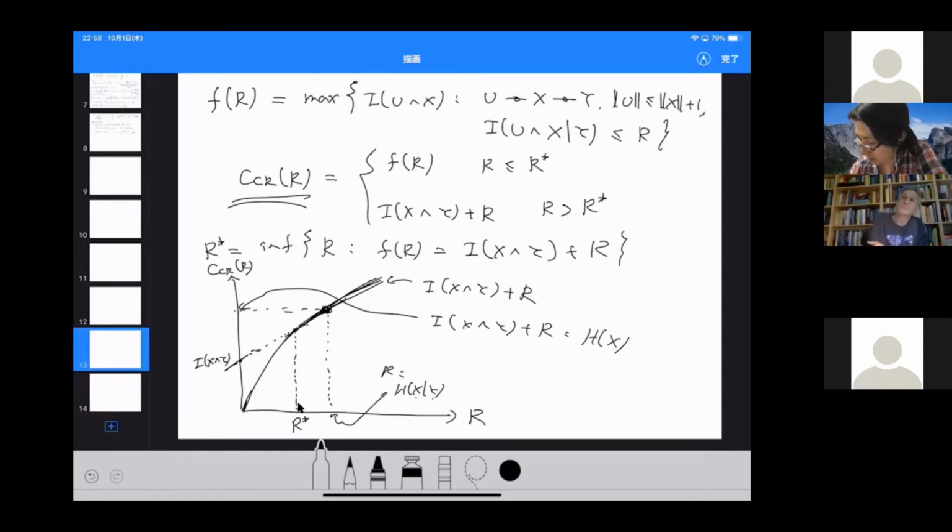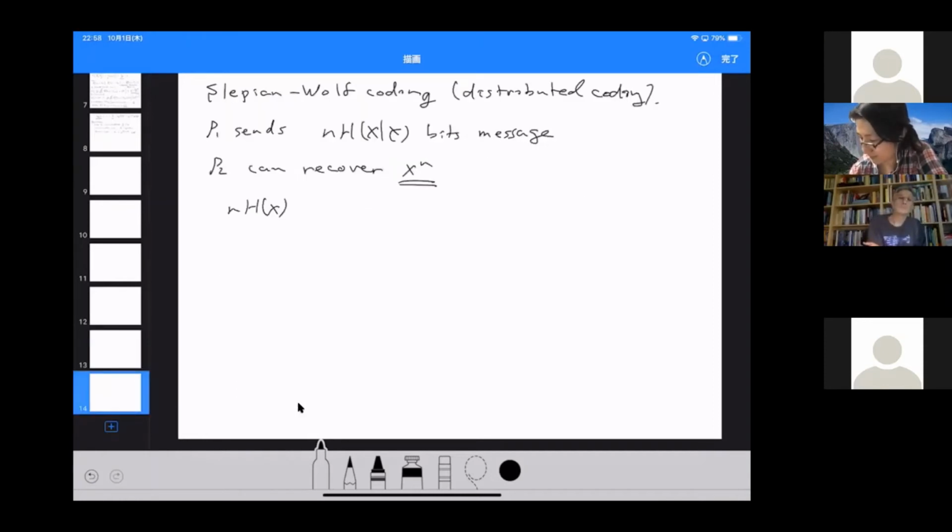This curved part requires more involved coding, which is kind of Wyner-Ziv-like coding in rate distortion.